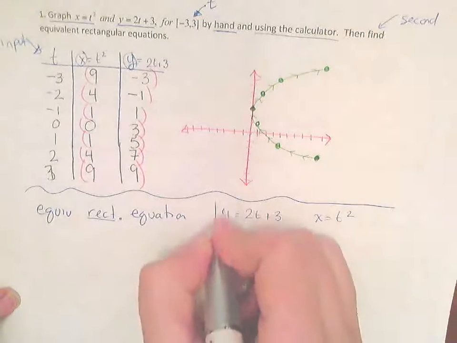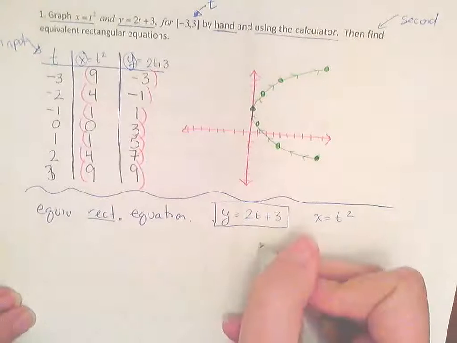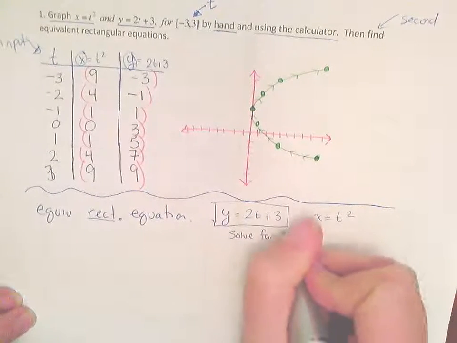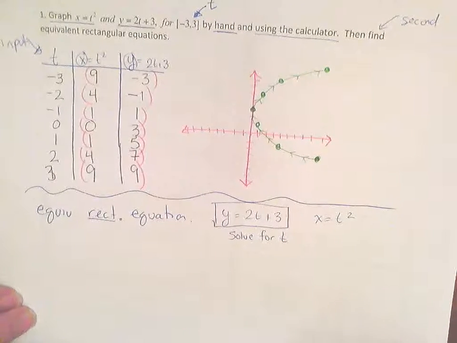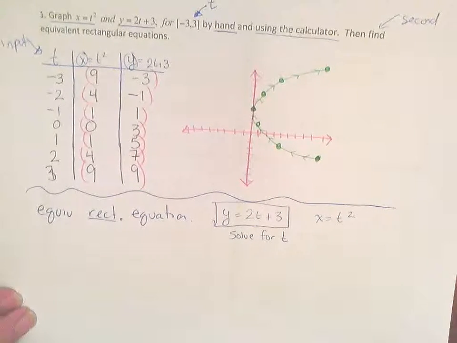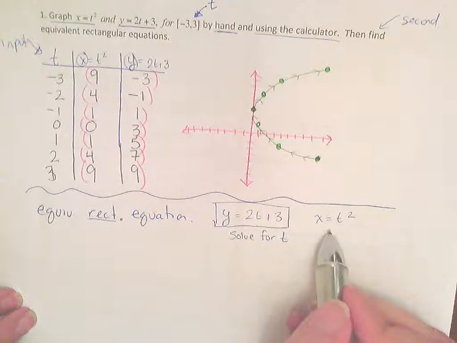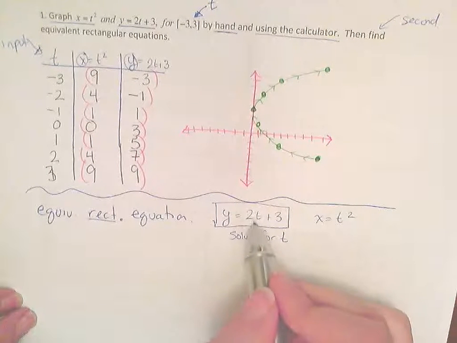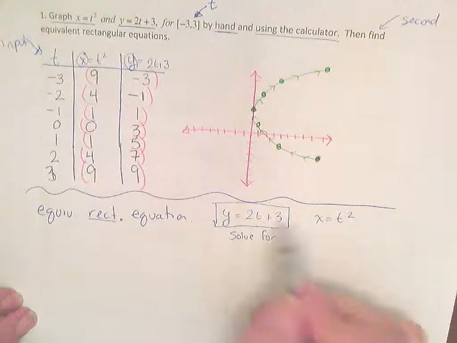Now I'm going to start with this equation, and I'm going to solve for t. The reason I'm starting with this one is that it is going to give me a more unique solution than this. If I just plug that in, I'm going to end up with just a square root of x, and plugging that back in here is just going to give me an uglier answer.